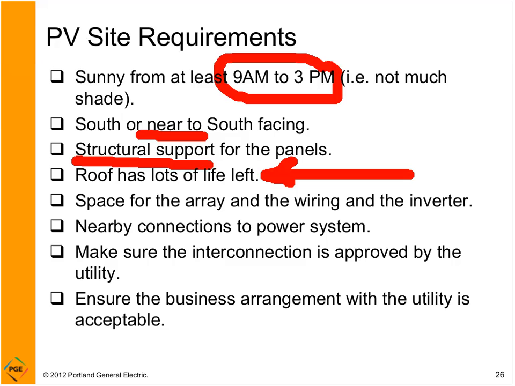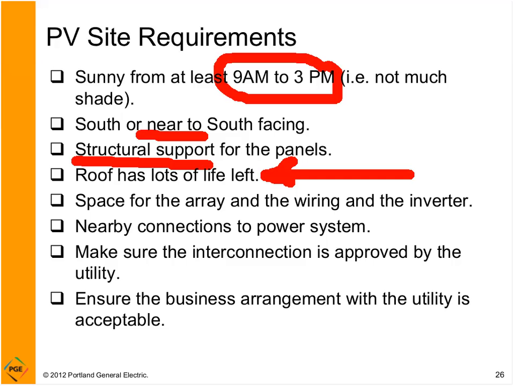So there is a requirement for incentives that your roof has lots of life left. To put that into perspective, I believe the incentive package now requires at least a 10-year life left on the roof. But that's something you need to check with your contractor on as you move forward with looking at solar. The contractor will have all the details about the incentives.